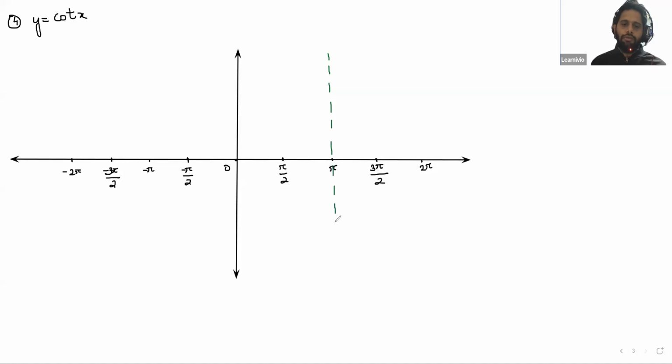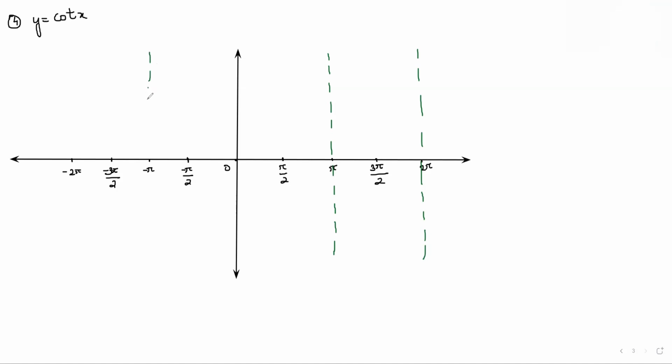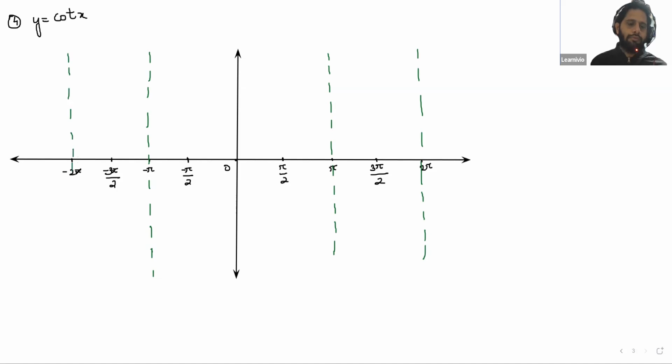First, what is the value of cot pi by 2? Not defined. Cot pi by 2, no, not correct. Again, check the value. 0. 0. Very good. Okay, so this is 0.